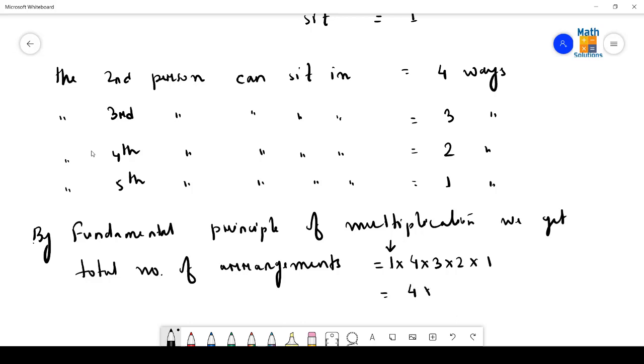So ultimately we get 1 into 4 into 3 into 2 into 1, which is equal to 4 factorial.